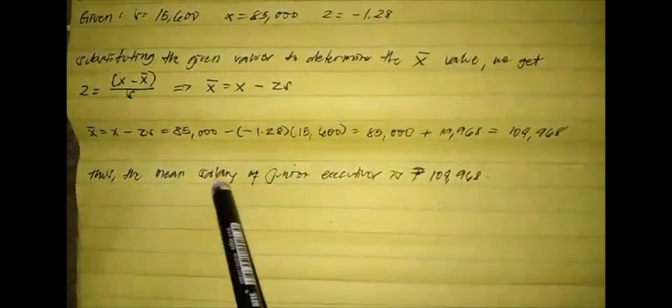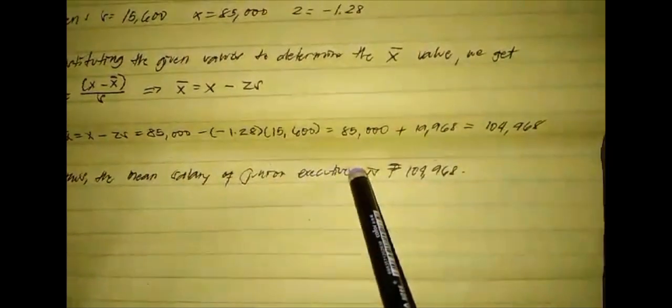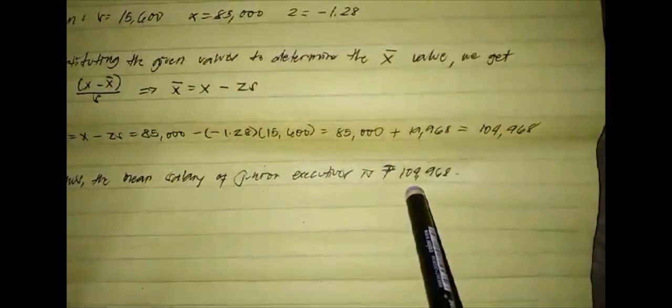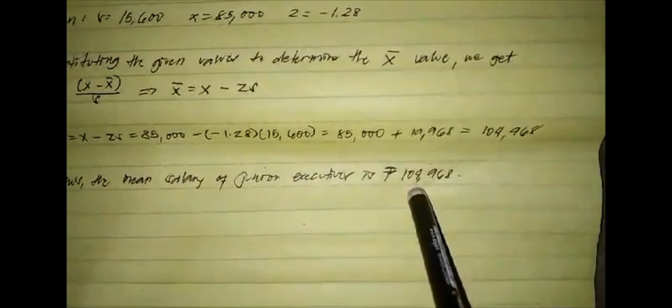Thus, the mean salary of the junior executives is 104,968 pesos.